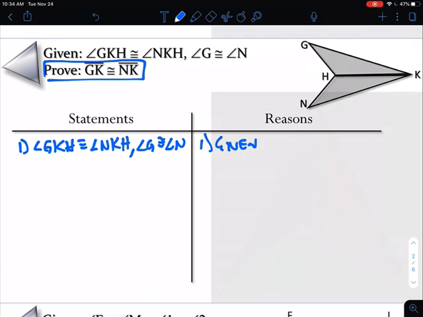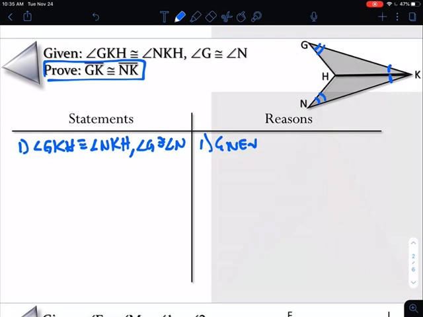Now from here, if I mark the information in the picture, angle GKH is this right angle here on the top triangle, and NKH is that bottom angle. So those two angles next to each other right there are congruent. And then it says angle G up in the top left here is congruent to angle N down in the bottom left. And so what I've got is two angles and the triangles are congruent.